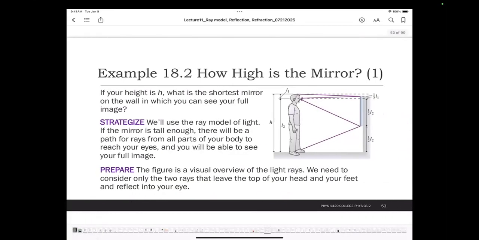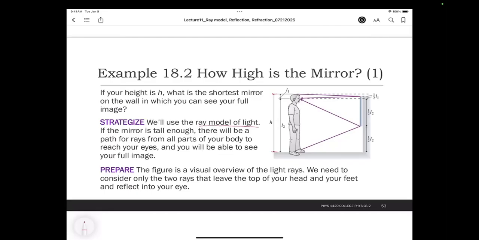Let's talk about one example: how high should the mirror be? If your height is h, what is the shortest mirror on the wall in which you can see your full image? We will use the ray model of light.